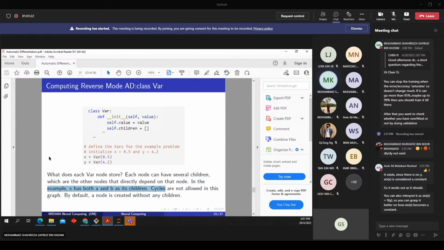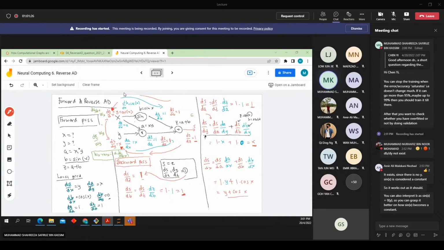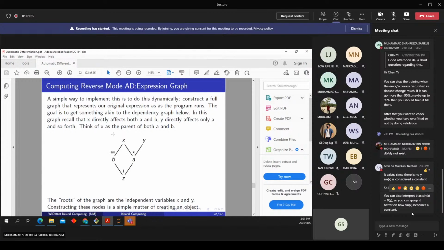You start from the left side and proceed to the right side, from the input to the output. So the roots of the graph are the independent variables X and Y.